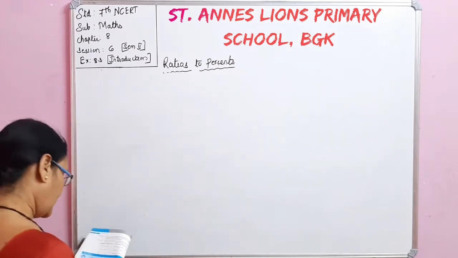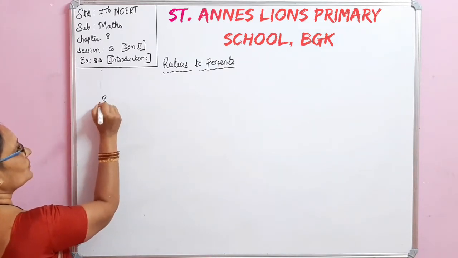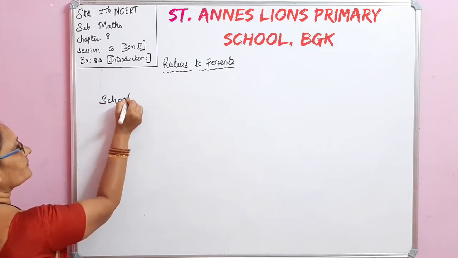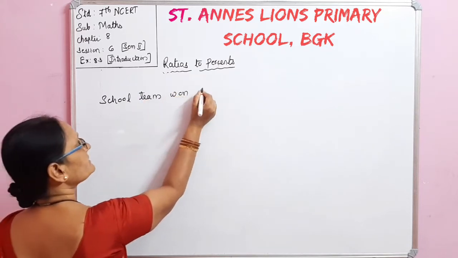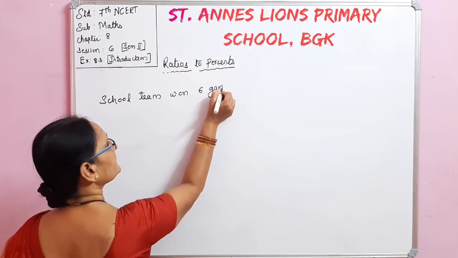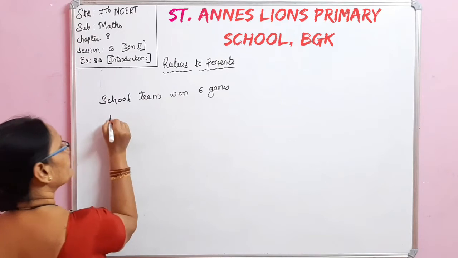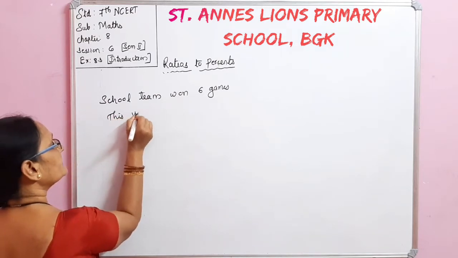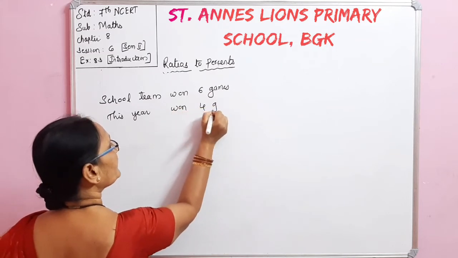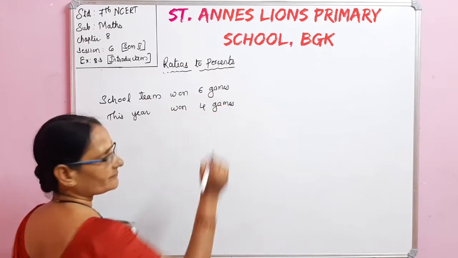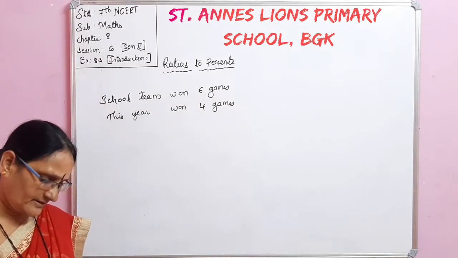Suppose a school team won 4 games last year. Then this year it won 6 games. What is the increase in the number of wins?